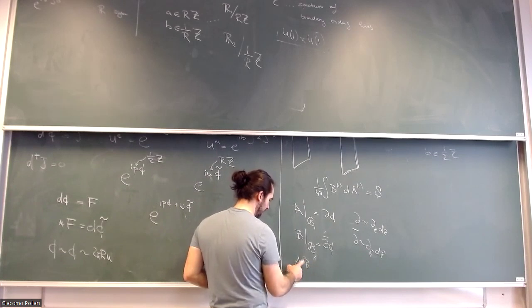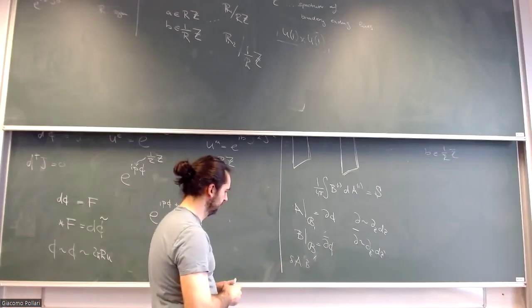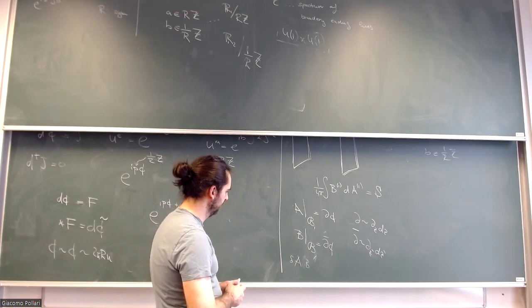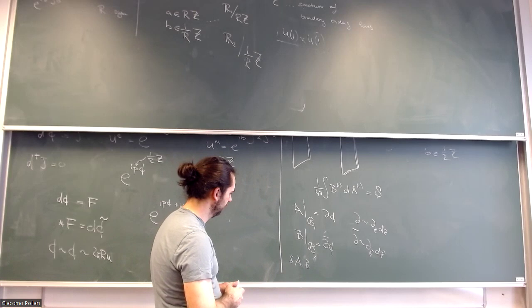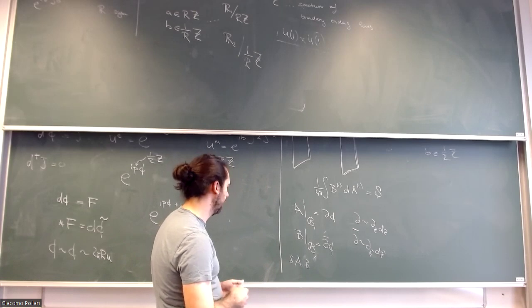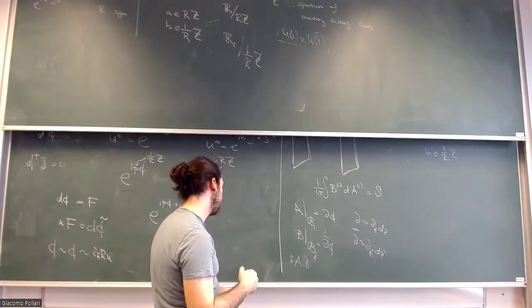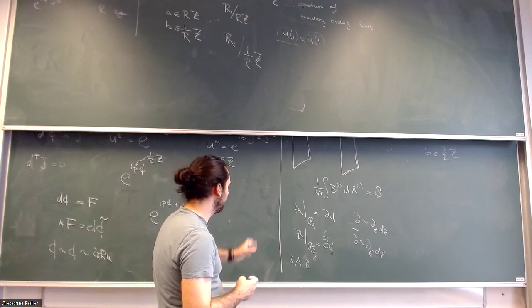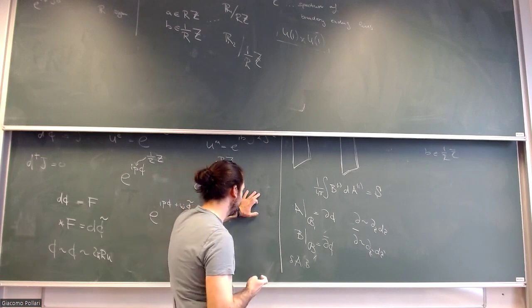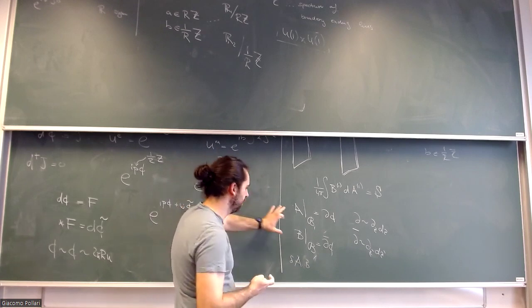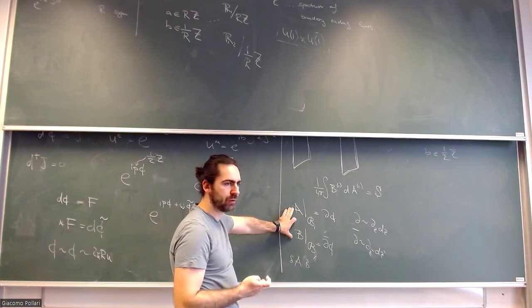B delta A. I mean, these are not really, so for these, I really need to add some extra boundary terms to cancel that out.